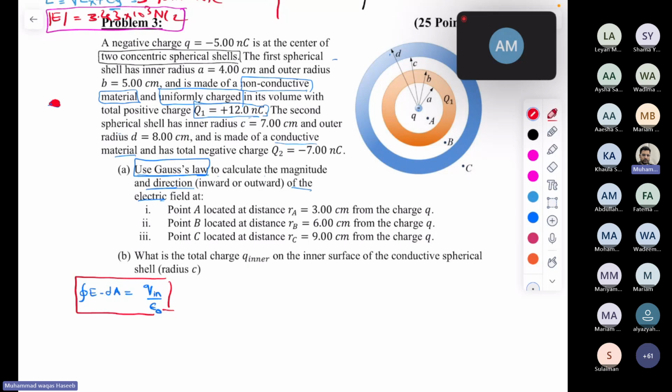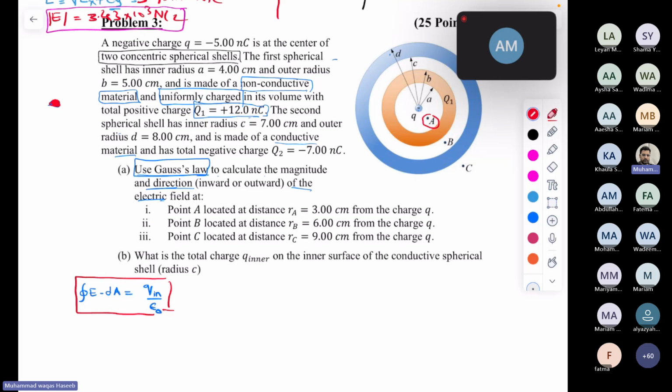Now we're going to apply Gauss's law on the surface to calculate the electric field and its direction. First we are considering point A, and at this point we're going to calculate the electric field.